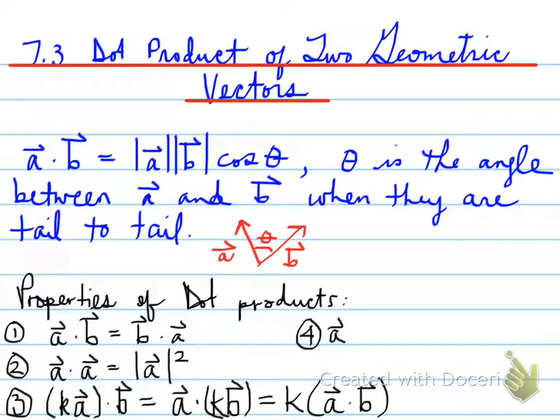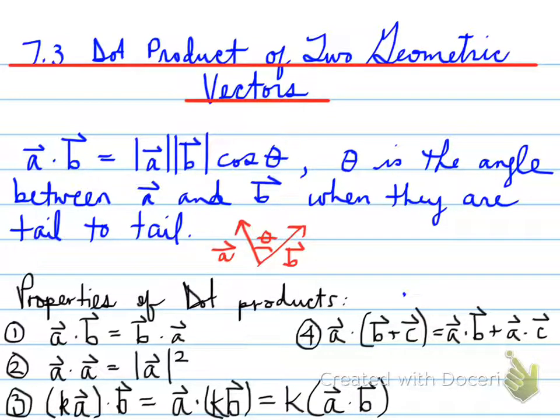The last one, vector A dot (B plus C), is equal to A dot B plus A dot C. So the distributive property works even for dot products.